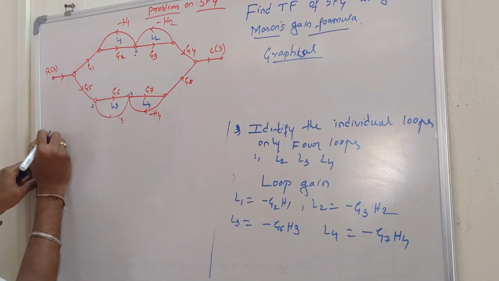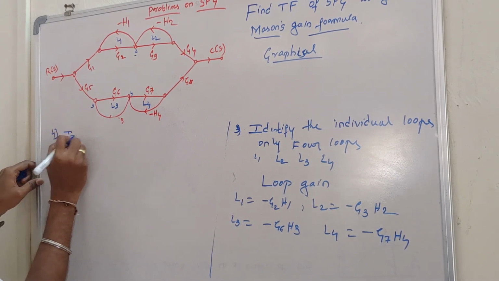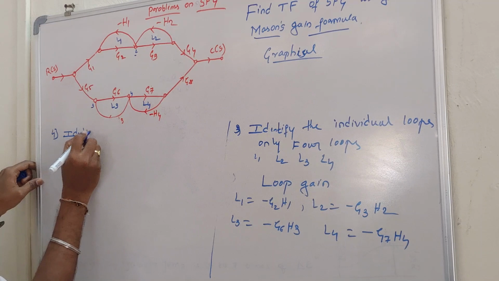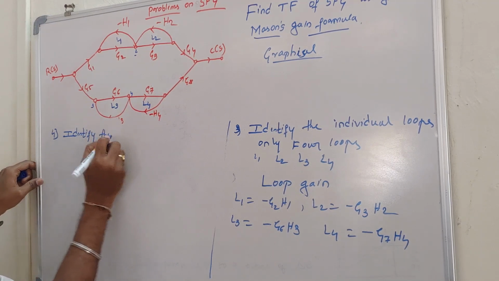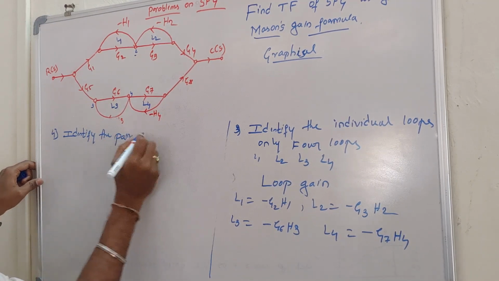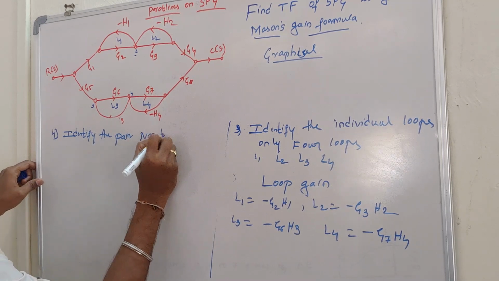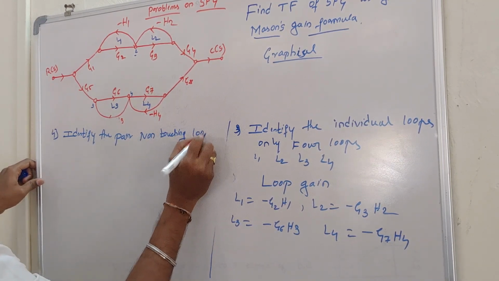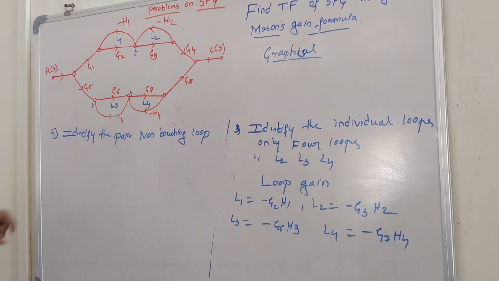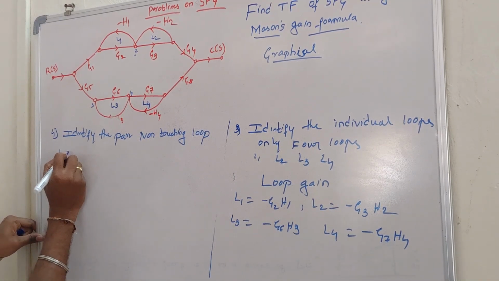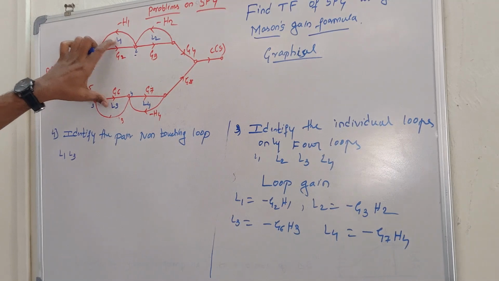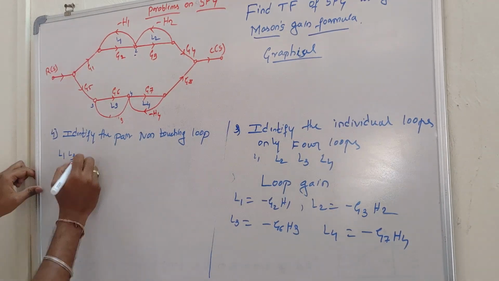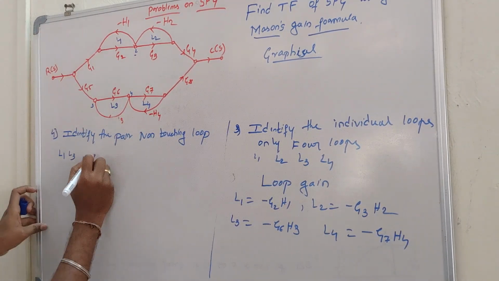So the fourth step is to identify the pairs of non-touching loops. As I told you, the first combination of non-touching loops is L1, L3. The next combination is L1, L4.